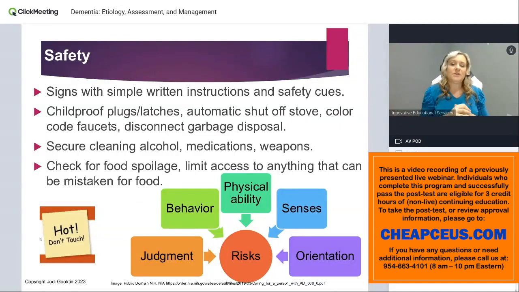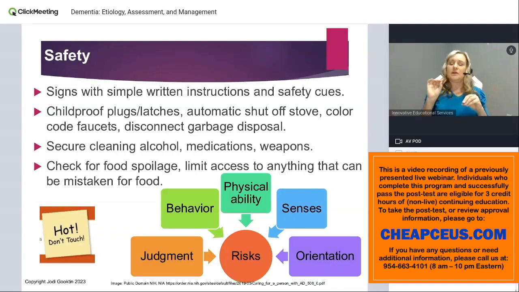Safety, we know, is very important. We want to look at how can we keep the person safe. When we're making our different signs, don't make them shiny because it may look wet. Don't have super shiny things on the floor. They may think that that is wet and they're going to slip. The individual is going to have difficulty interpreting what they're seeing.